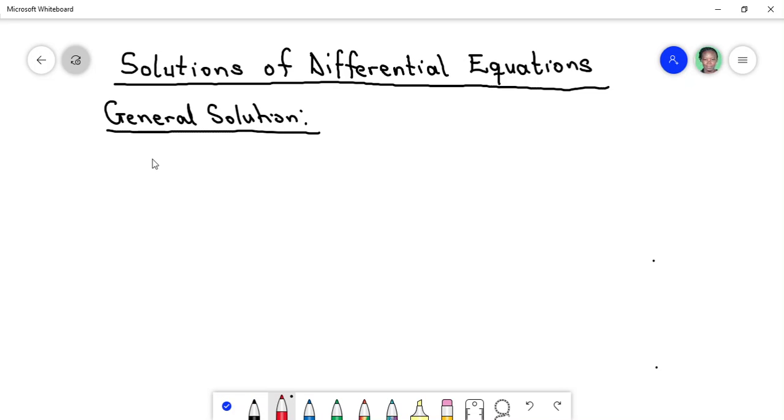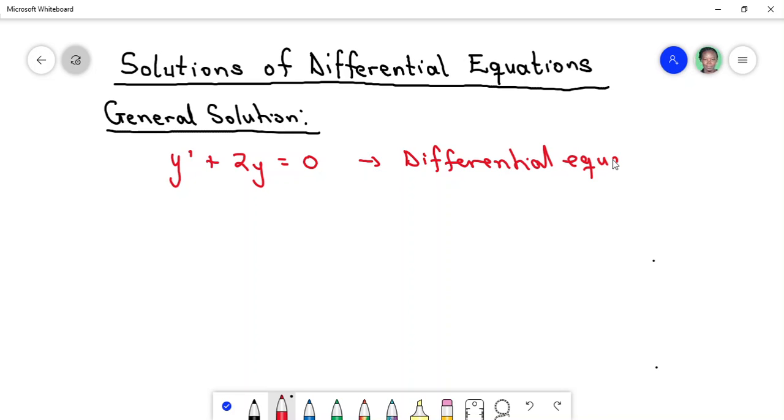For example, if I have this equation y prime plus 2y equal to 0, you realize that this is a differential equation, because we have the differentiable function and we have the derivative as well. Y prime here is dy dx, the first derivative.